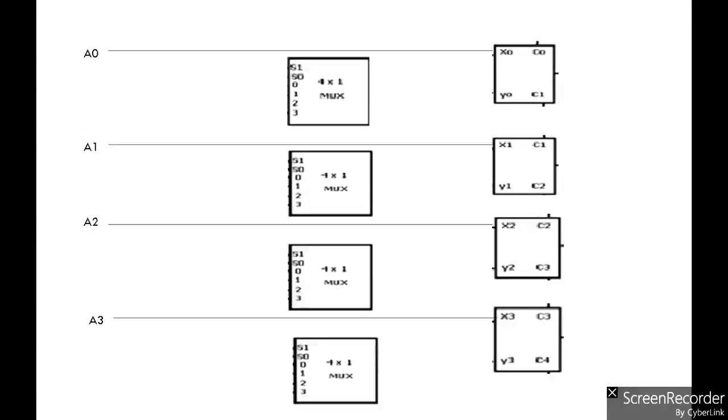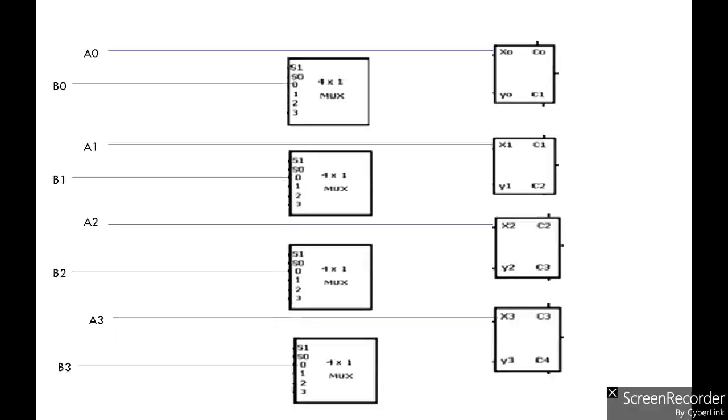So first of all, we will draw all the 4 multiplexers and all the 4 full adder circuits. Then apply input A0, A1, A2 and A3 directly to the X0, X1, X2 and X3 inputs of the full adder. Now let's apply all the 4 different inputs of the multiplexers.